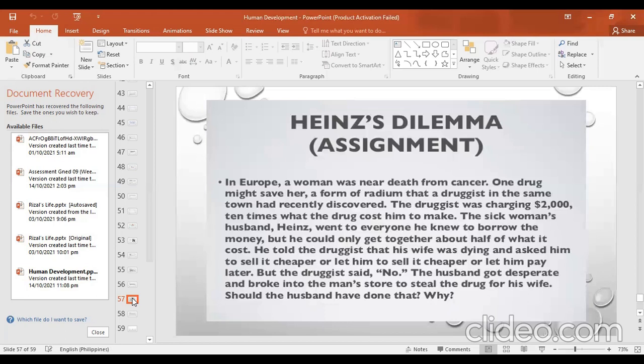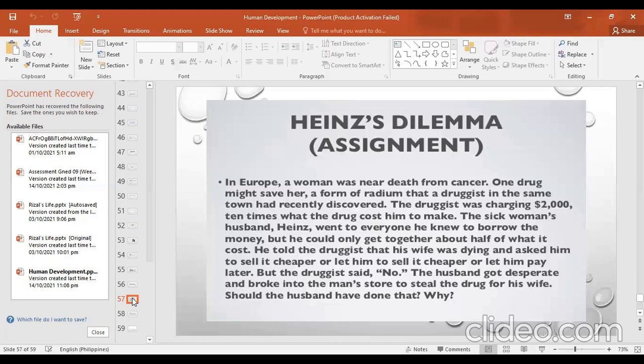How would you feel? At somehow andun pa rin yung konsensya. Pero nakasave ka naman ng life. So naghahati tuloy yung thinking mo, yung feelings mo, yung emotions mo. Kung ano yung tama sa mali.